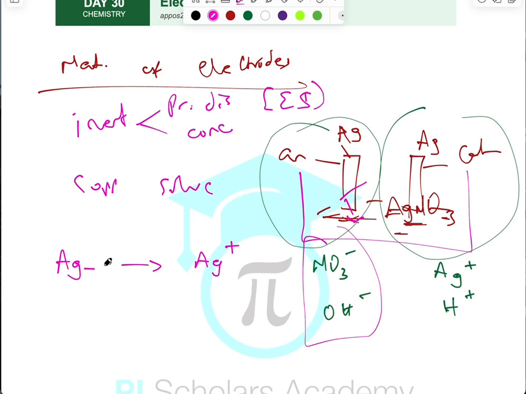Therefore, you have a negative electron. The way we usually write it is Ag gives Ag plus plus an electron. And from what you have known now, since this is a loss of electron, that is also defining oxidation. So you can see that at the anode, oxidation still takes place. Please don't get it twisted at all.